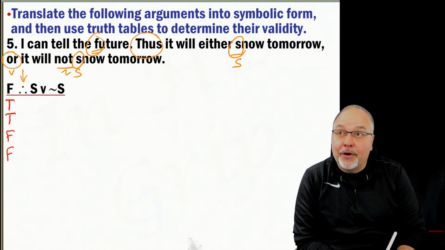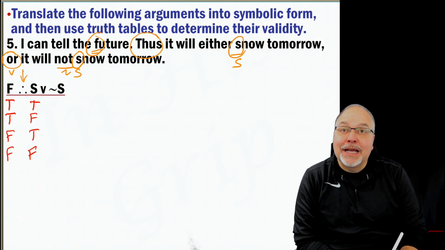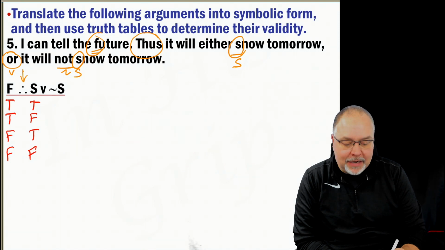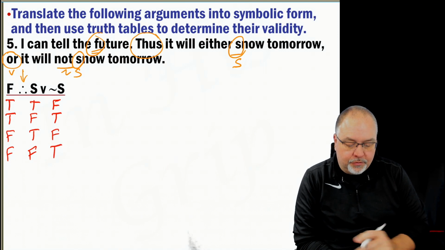I'm going to go true, false, true, false. Now, under negated S, I'm going to negate the values under S. So this is going to become false, true, right?